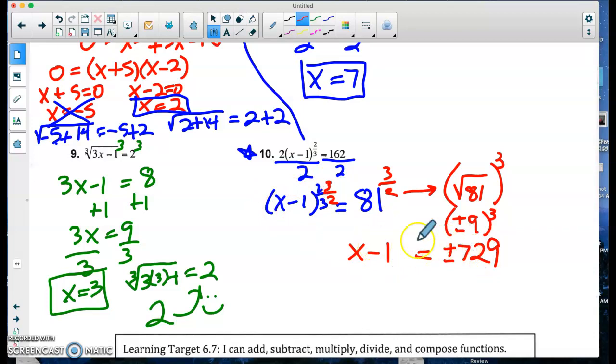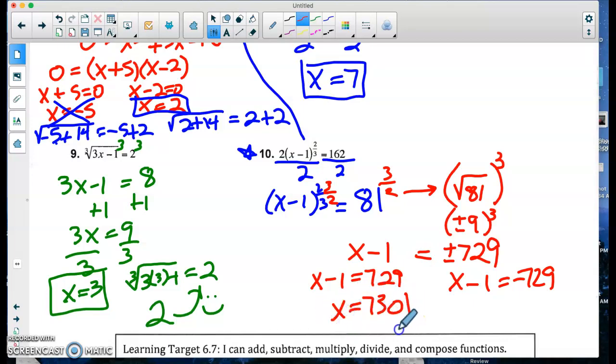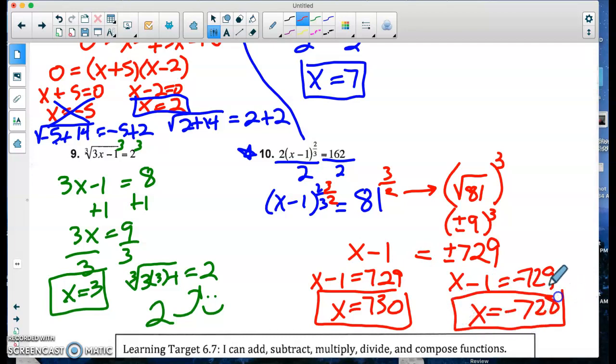Now, because we have 2 answers, we're going to write this twice. We're going to have x minus 1 equals positive 729, and we're going to have x minus 1 equals negative 729. Luckily on both of these, you're going to add 1 to both sides. So this x right here is going to equal 730. And this x here is going to equal negative 728.